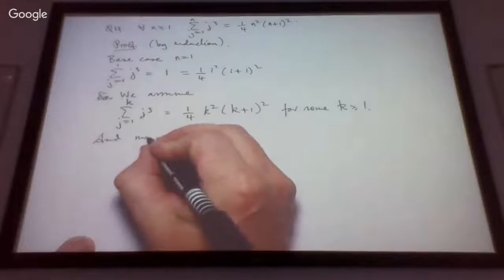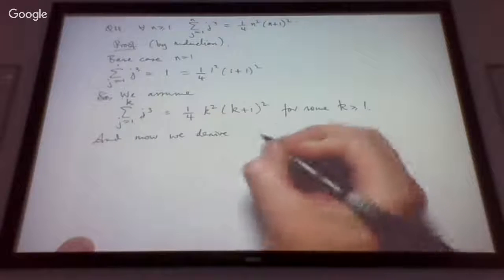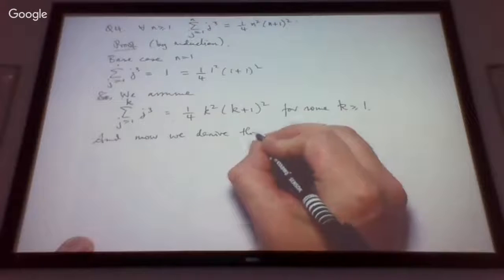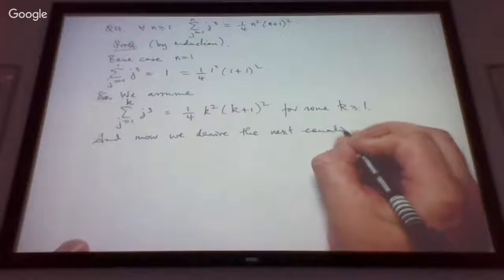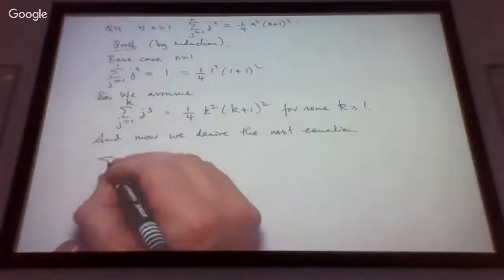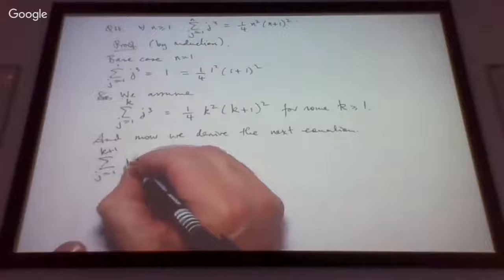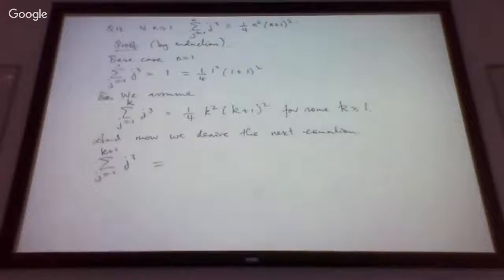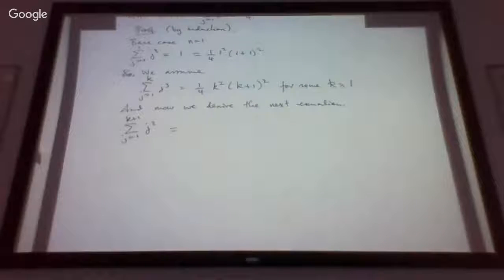And now we try. Let's be positive about it. Forget the try. Now we derive the next equation, the next value of the formula. So on the left-hand side, j goes from 1 up to k plus 1, and we're summing j cubed. The very same approach should work. It worked before, why won't it work again?